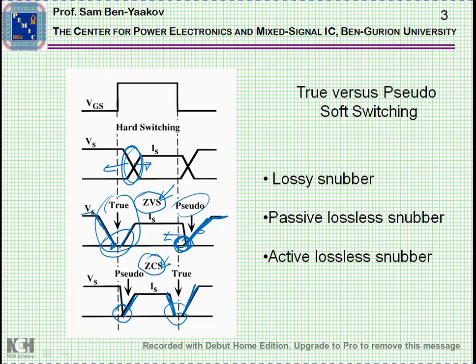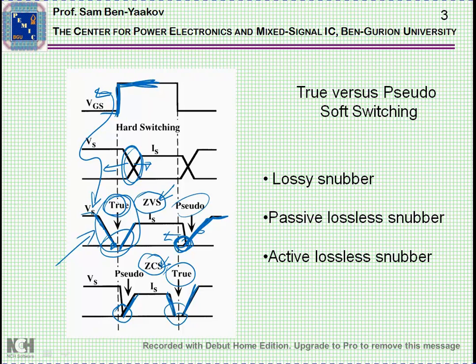Now, for a true zero voltage switching, either this or this, you need some extra circuit. The reason is, let's have a look in here. If you want the voltage to drop before the current goes up, now the current goes up because you have this gate voltage, the control signal coming to the gate. So you have to do something before this happens in order to cause the voltage to go down.